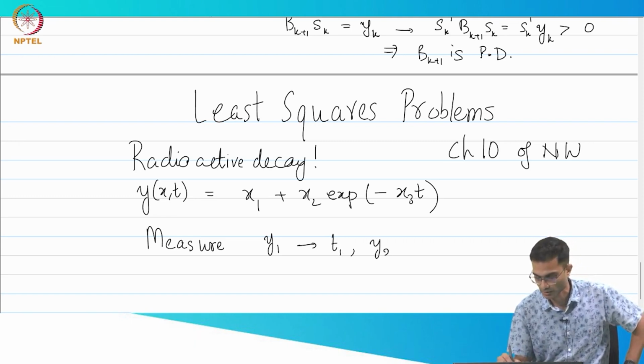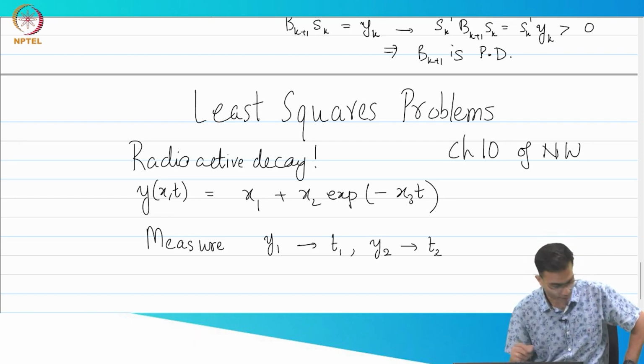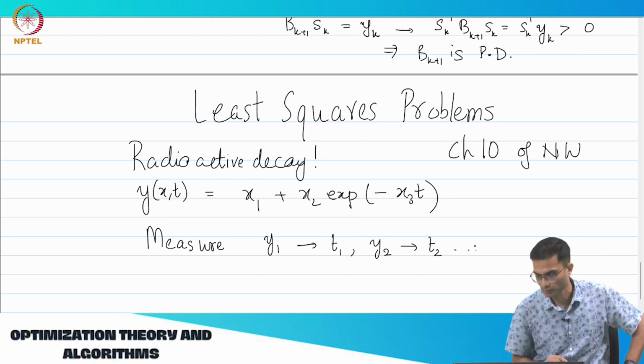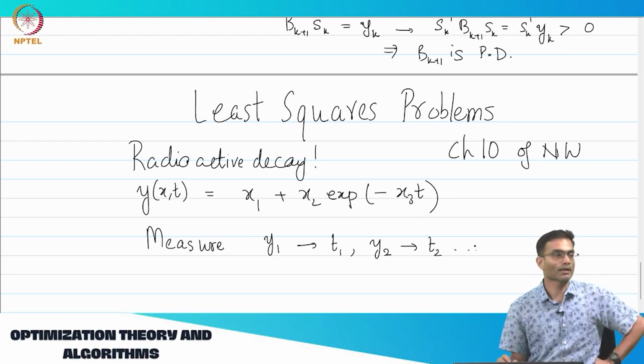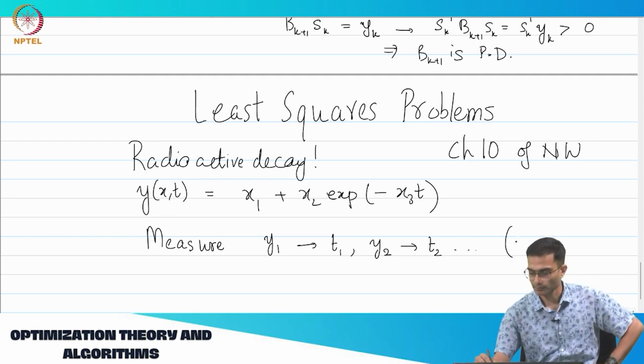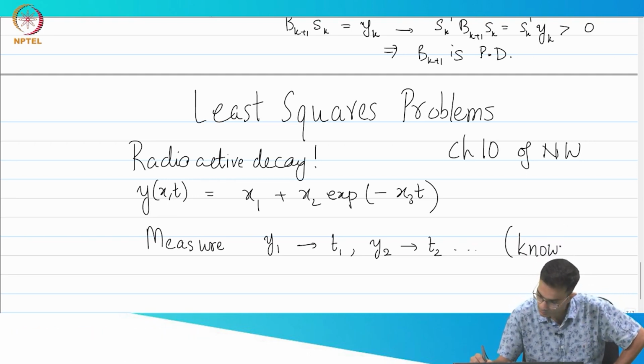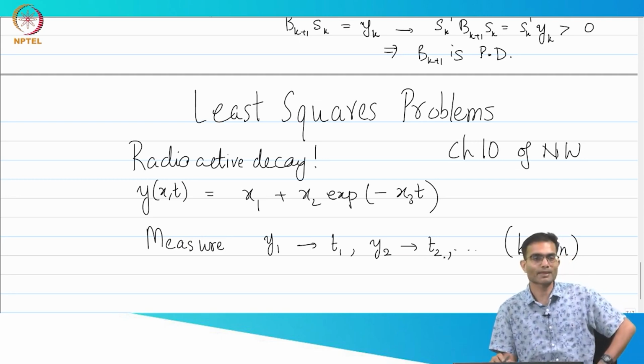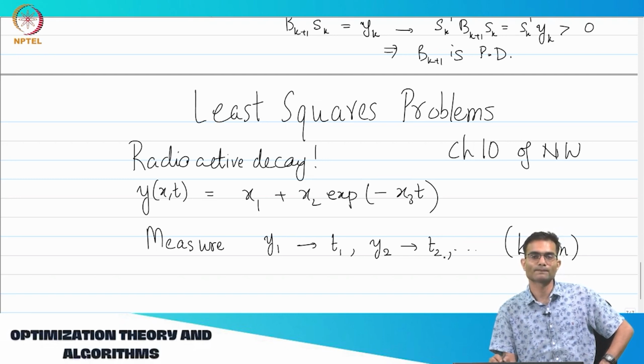Then you will measure the radiation y2 at time t2, and so on. These are the knowns of the problem. Now as I am making these measurements, what are the unknowns? x1, x2, x3. Do they change with time? Hopefully not.